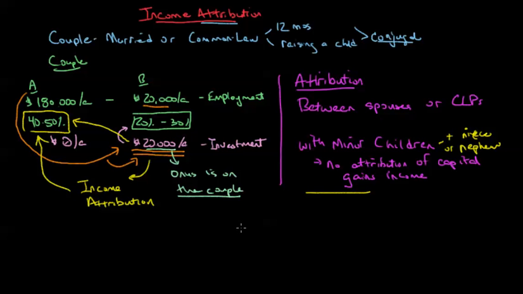And in a future set of videos, we're going to look at ways to get around the attribution rules, legitimate tax planning opportunities that are available to us to help deal with the attribution rules in relatively clean manners. And really what we're trying to do is accomplish what we didn't accomplish in this scenario above.